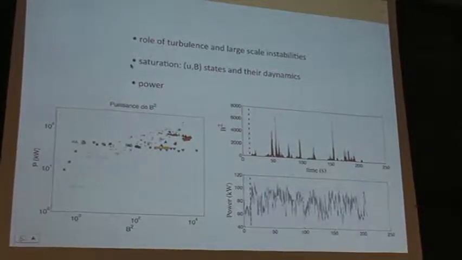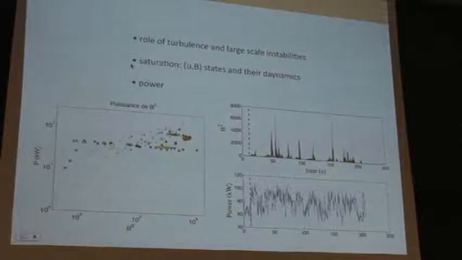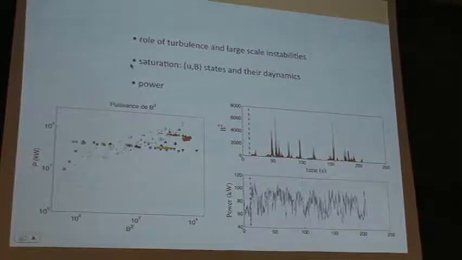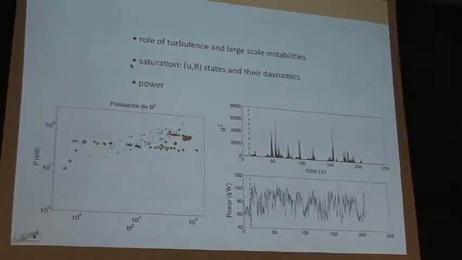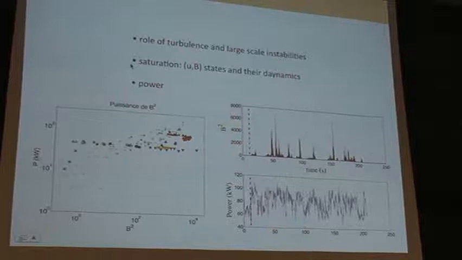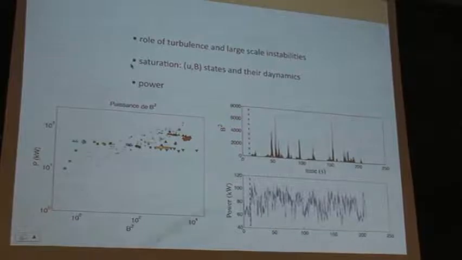That tells me that when we do scaling of magnetic field energy versus this and that, maybe we should be careful about what type of field we're talking about, and what kind of dynamics is underlying them.